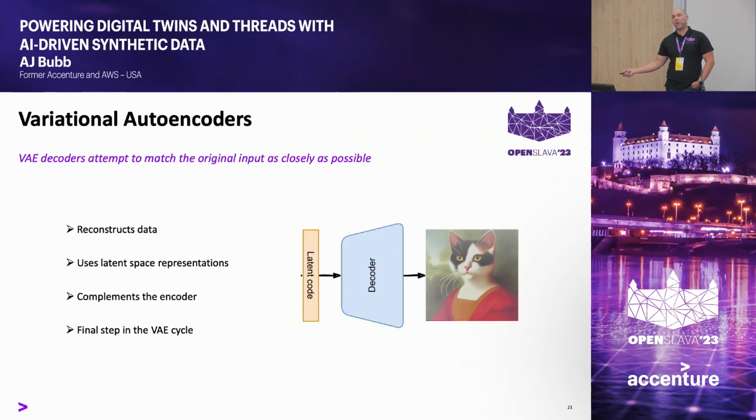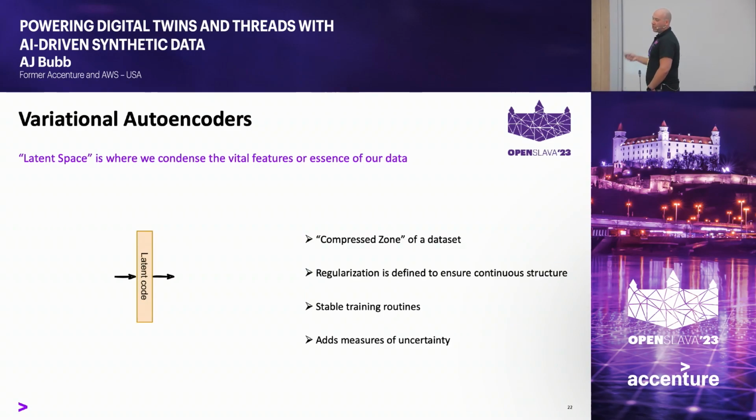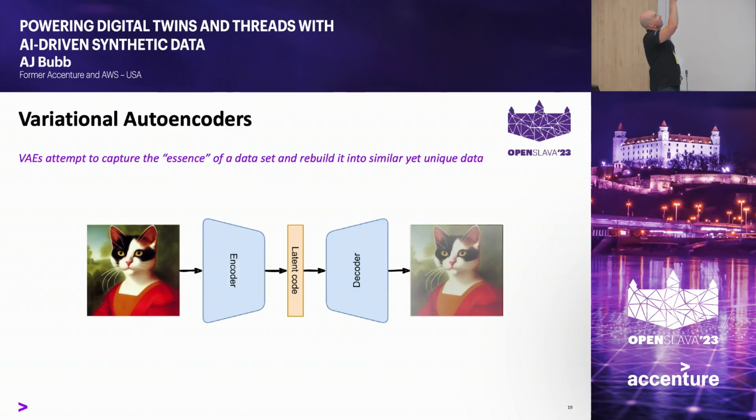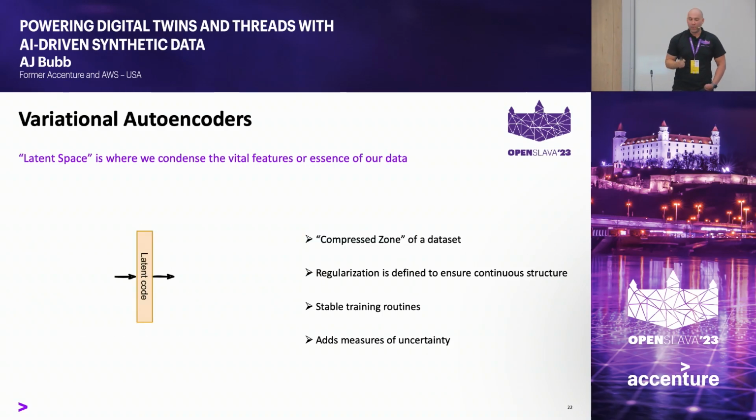The decoder's job is to take this essence that the encoder is putting together and try to reproduce what the story was. Now, there's something called latent space that I want to just touch on, right? Because you see here, encoder, we explain what's happening, decoder, but what is the latent space? You can think of the latent space as this compressed zone, right? Where all of the data is coming in from the encoder and existing in some level of fidelity, right?